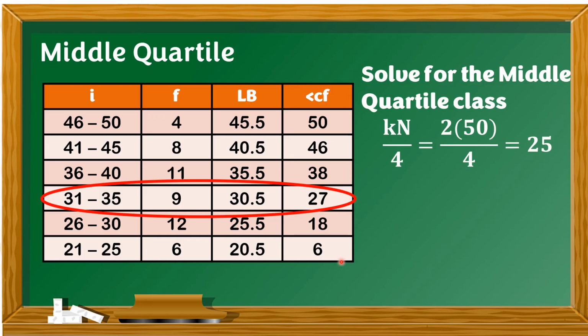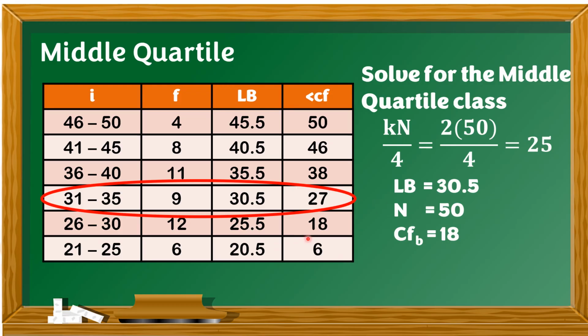Okay, next is we're going to determine the lower boundary of the middle quartile class, which is 30.5. Next is the total frequency is 50. And then the cumulative frequency below the middle quartile class is 18.